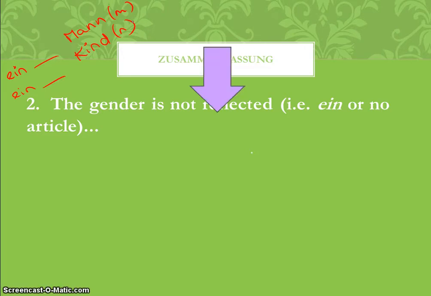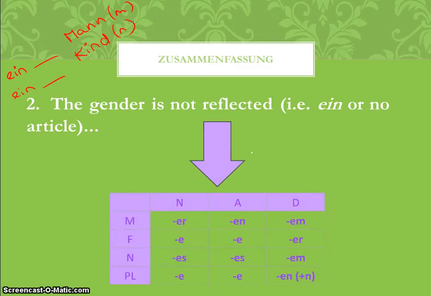Okay, and this is what our chart looks like. You've seen something like this before, okay? When we learned how to do der, die, das, remember we said der, die, das, and die in the plural.